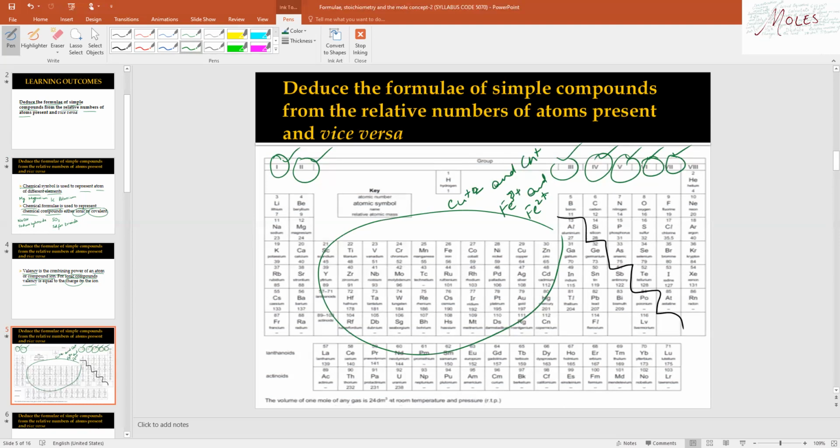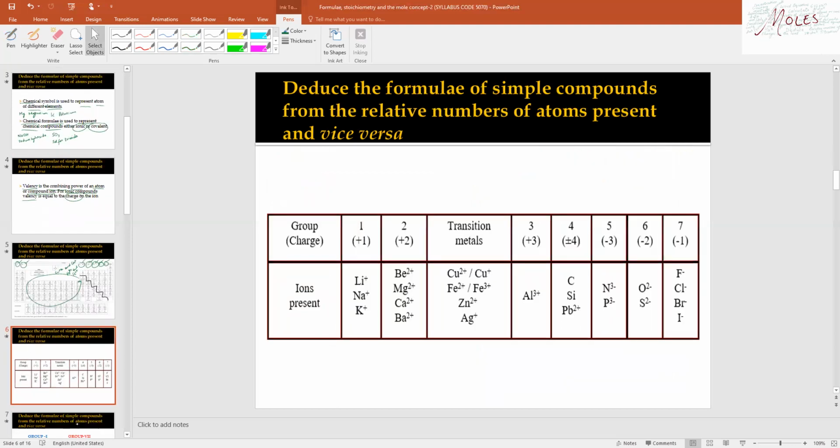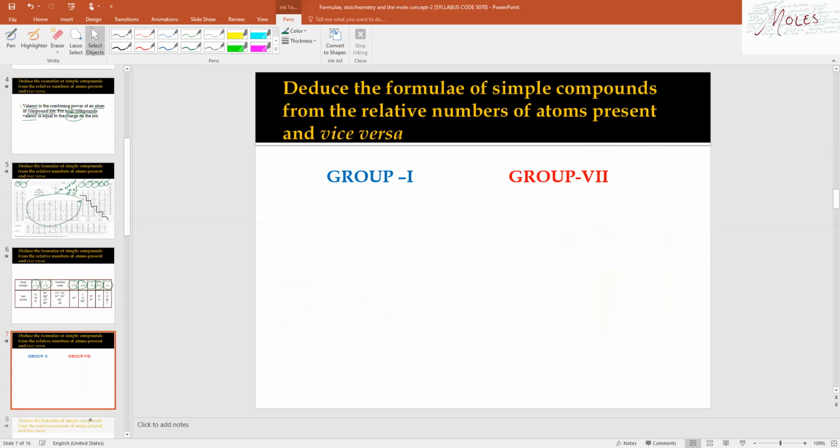It has a fixed valency of +2. These are the valencies for group 1, 2, 3, 4, 5, 6, 7. You have to learn these valencies. It will be helpful in predicting the formula.